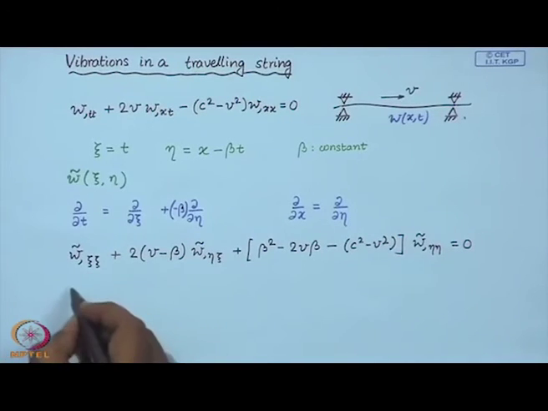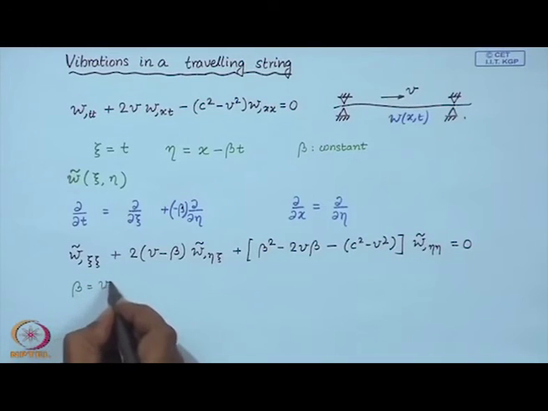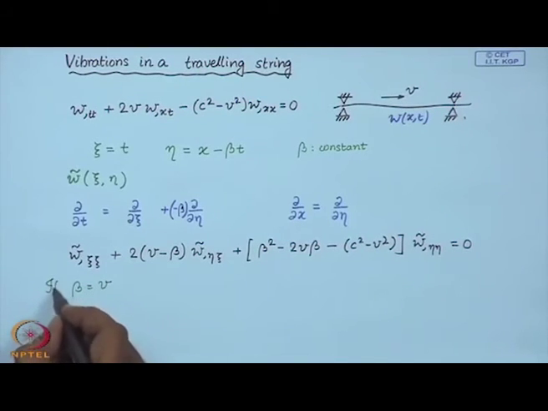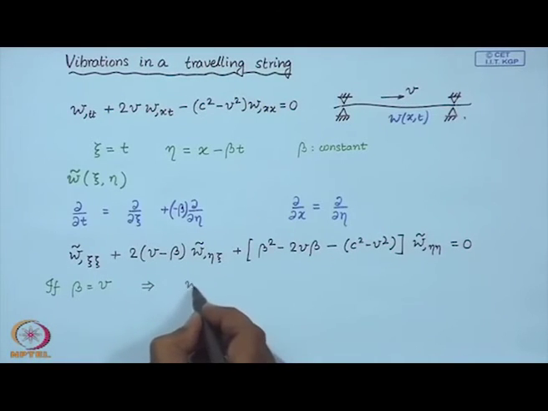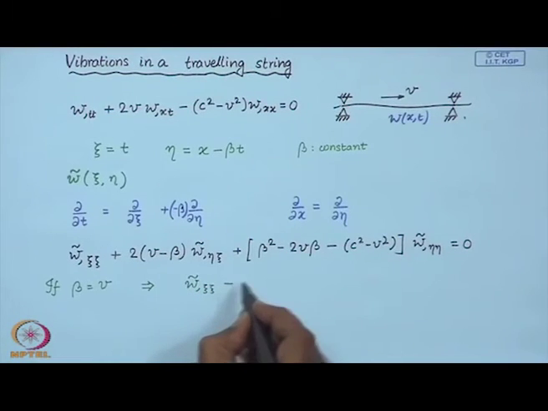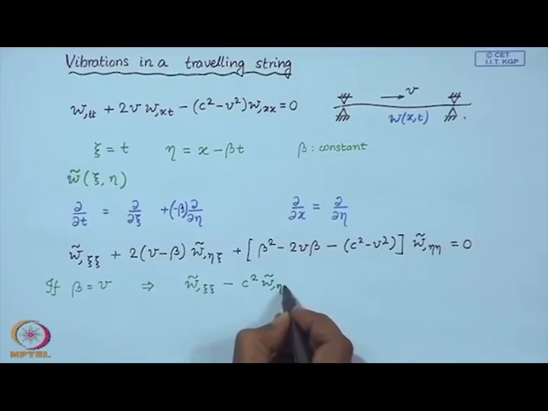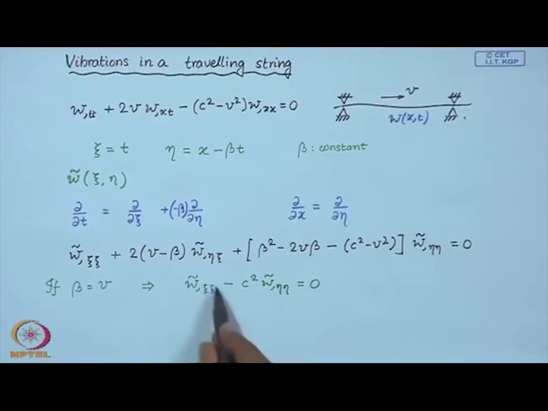Now, if you make a choice, if beta is taken as v, then the equation reduces to the wave equation, but now in these coordinates xi eta.